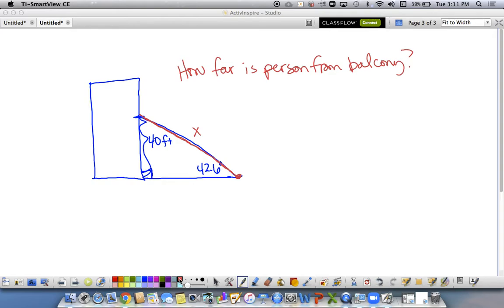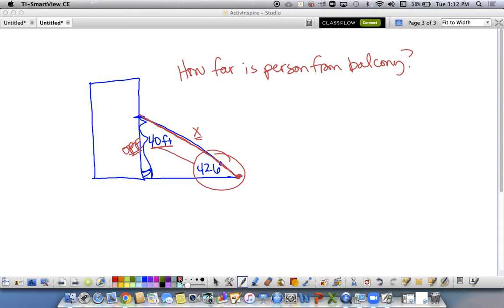Okay, next question is, angle I'm given. What trig function do I need to use? I'm going to look at what I am given. I'm given this 40 feet here. How is that related to the angle? It's the opposite. You only have three choices: opposite, adjacent, and hypotenuse. Only choices you have. And then what about x?